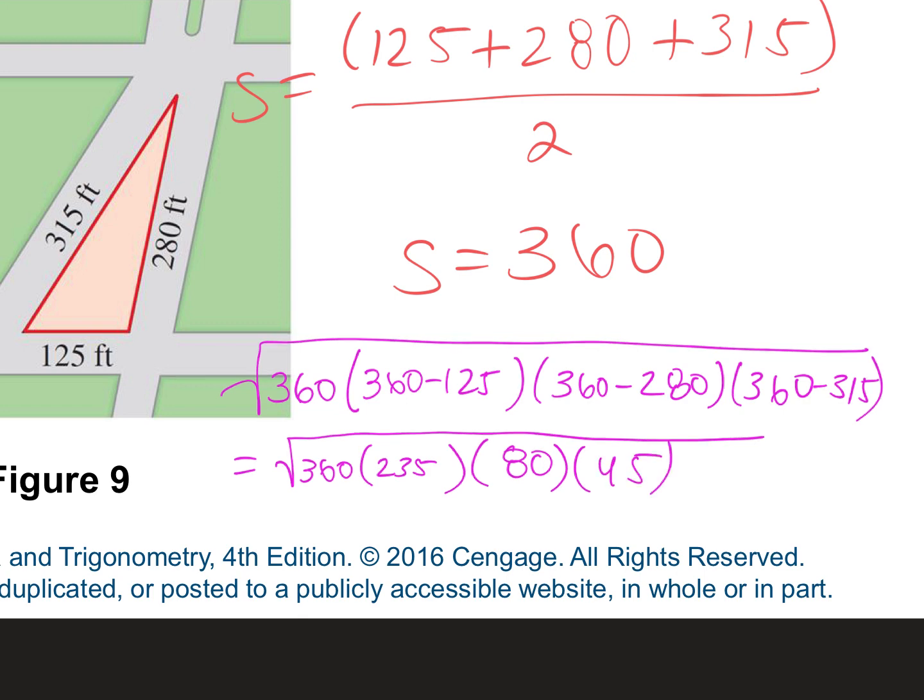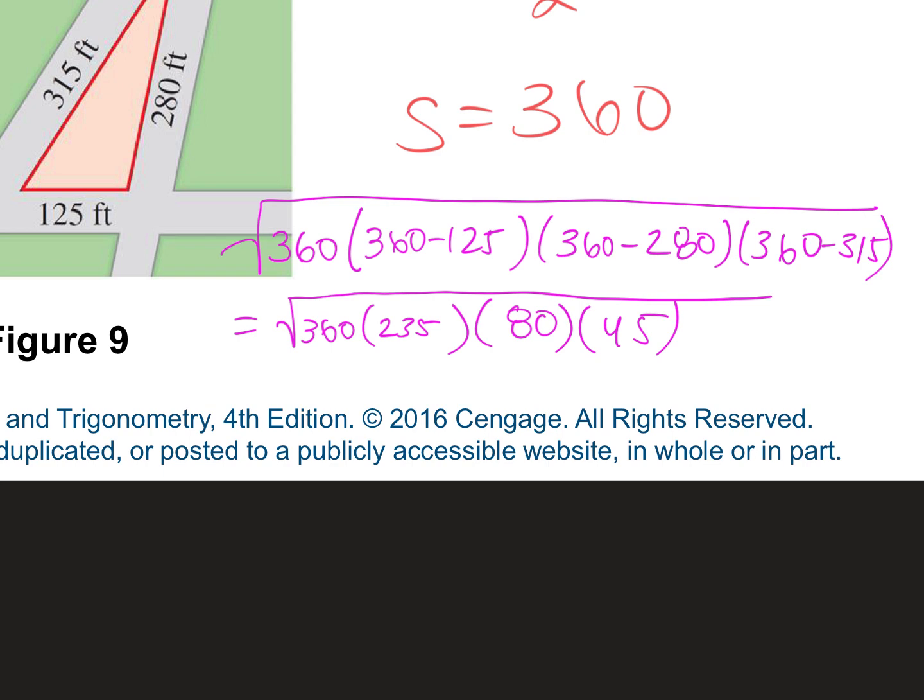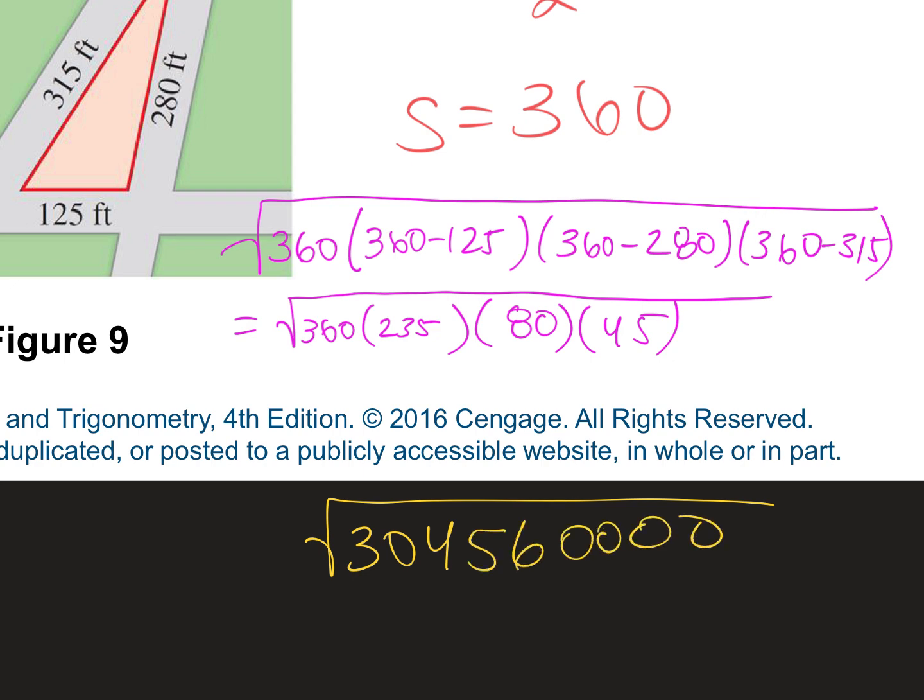Now you're going to multiply all those numbers together, so it's going to be a big number, guys. 360 times 235 times 80, times 45. And this is what I got. How many zeros? 1, 2, 3, 4. Again, this is all calculator work, and now we're going to take the square root of that.